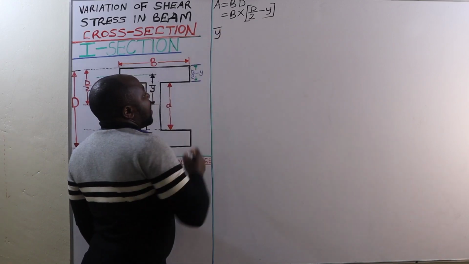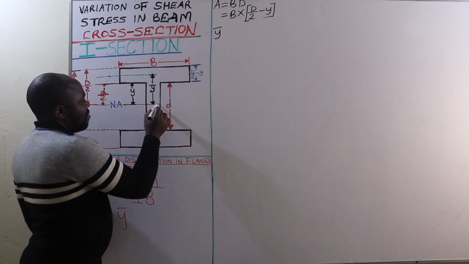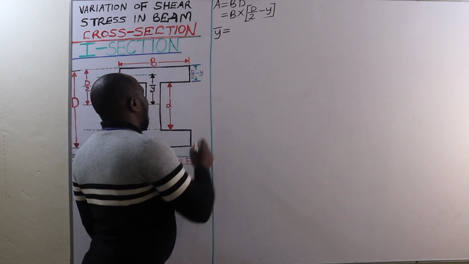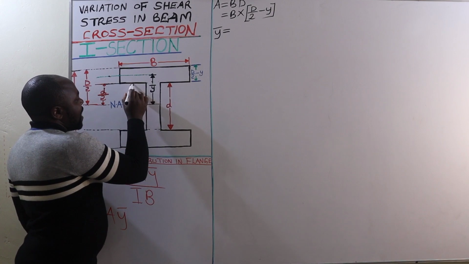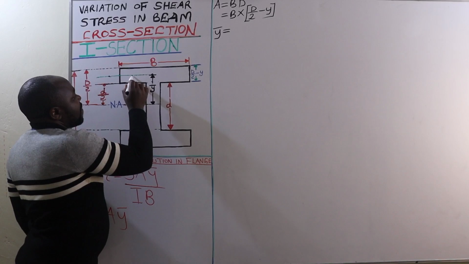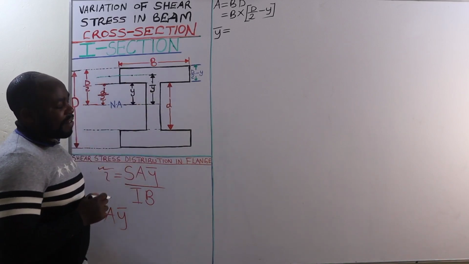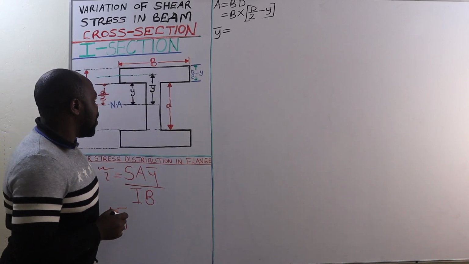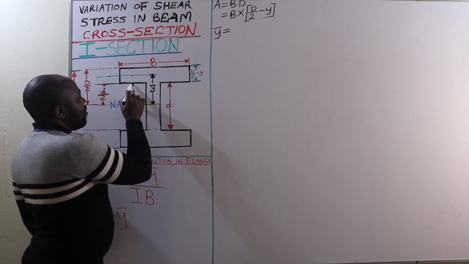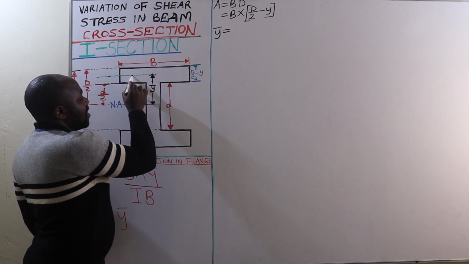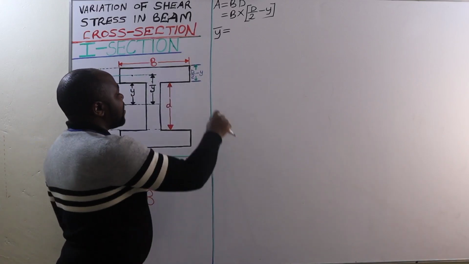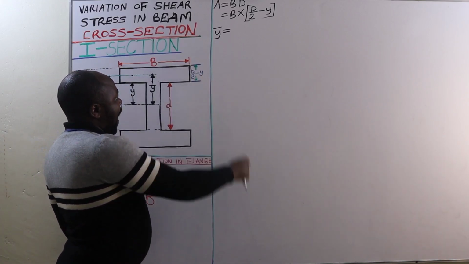For bar y, that is the distance from the neutral axis to the center of gravity of the top flange, will be given by y plus the distance from the lower edge of the top flange all the way to the center of gravity of the top flange, which in this case will be given by half its depth, and its depth is D over 2 minus y.